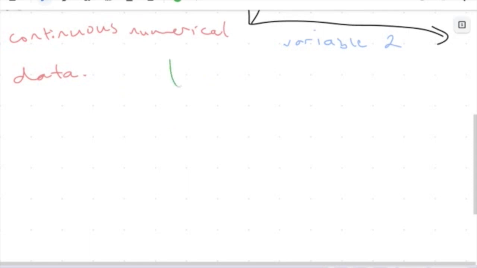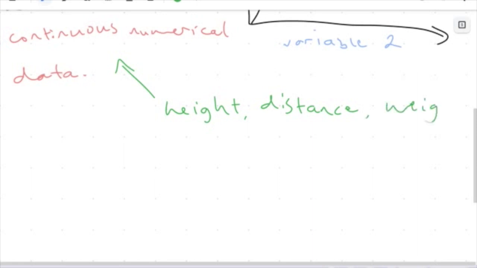Remember, these types of continuous numerical data were, for example, height, or we can also do distance. Some of you may have come up with this in the previous video when I asked you to find your own examples. Weight, time, etc. Two of these examples we have actually looked at before in a previous topic.